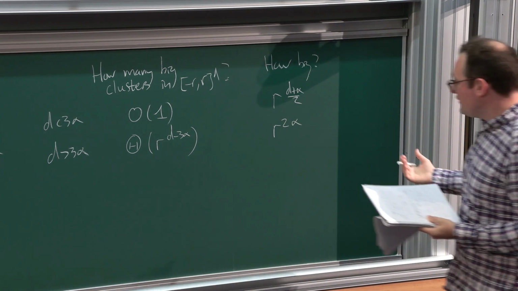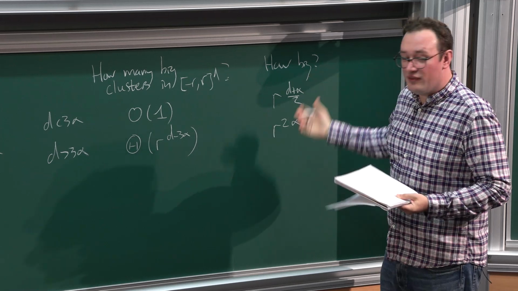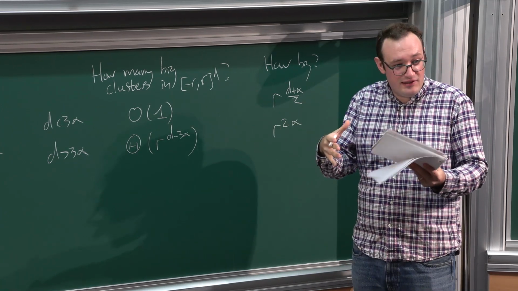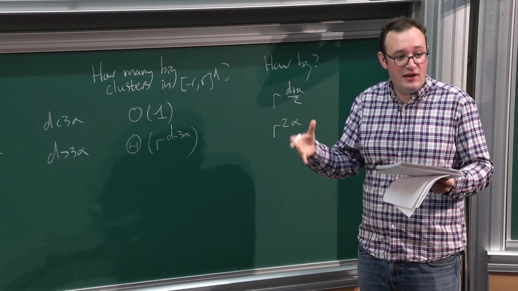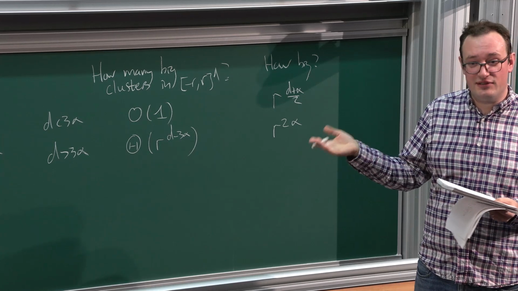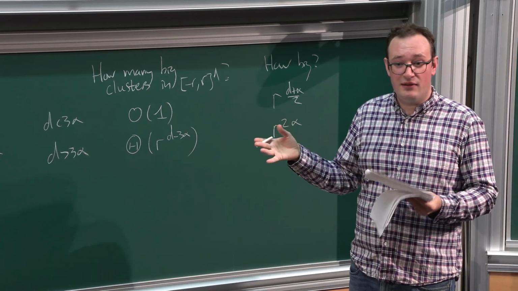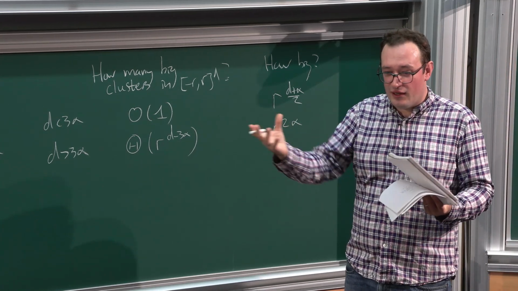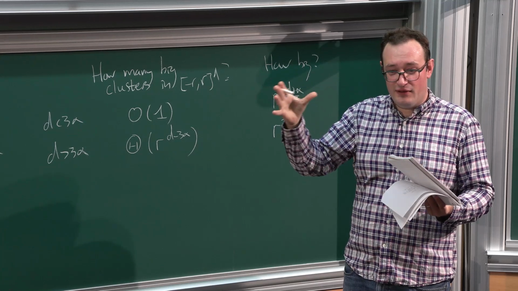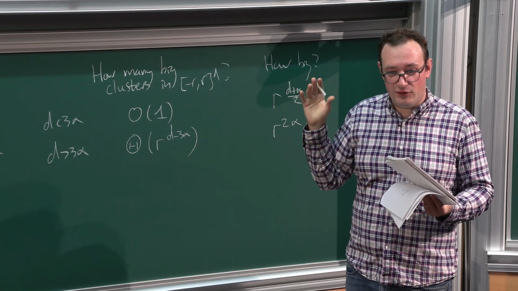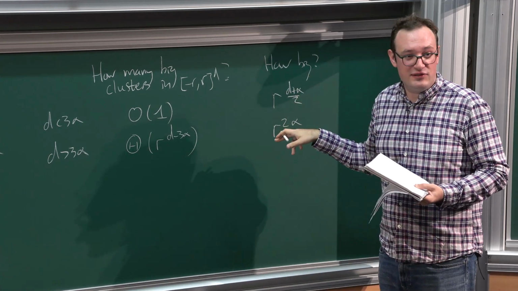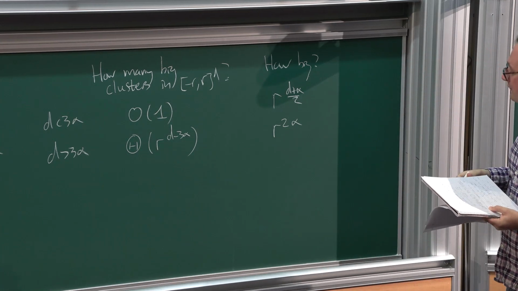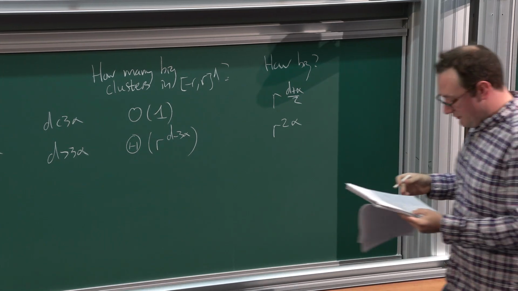So in particular, once you get into the high dimensional regime, the size of these clusters stops growing with the dimension, and that's of course very similar to what happens in the nearest neighbor model, right? That these high dimensional clusters are 4-dimensional objects. They have this size r to the 4, and of course that corresponds to taking alpha equals 2 here.